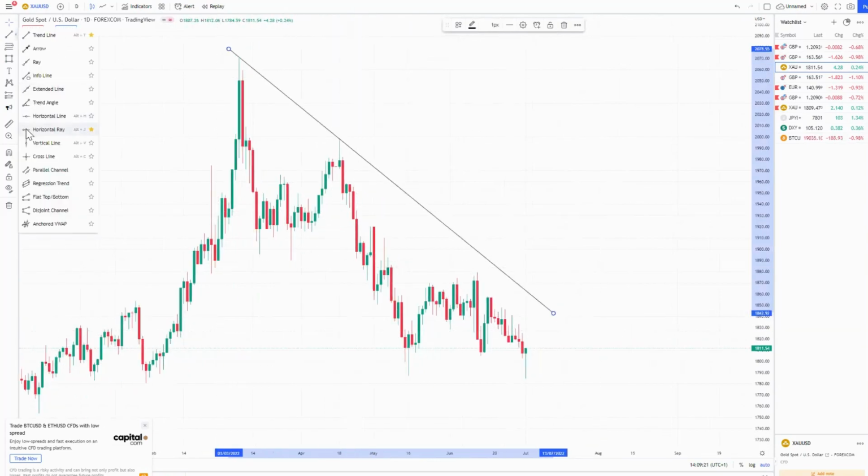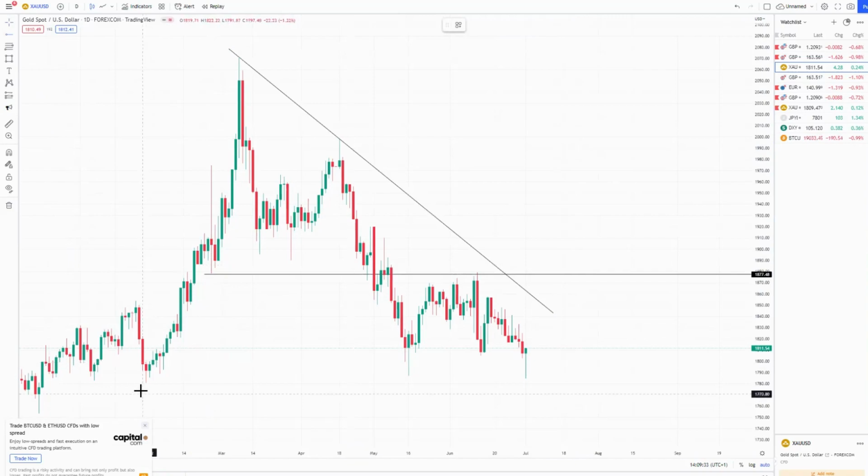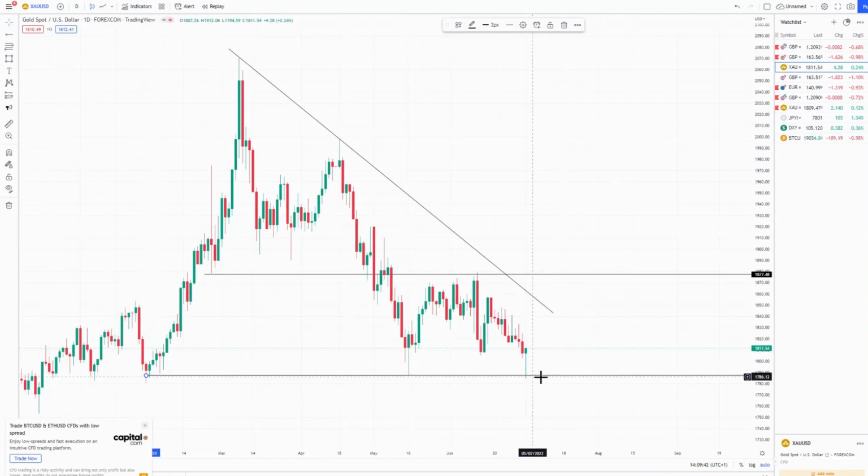Okay, good. So let's continue with the analysis on XAUUSD. We already have like 3 bounces from here. We have the first bounce here, the second bounce here, and this is the third bounce here.